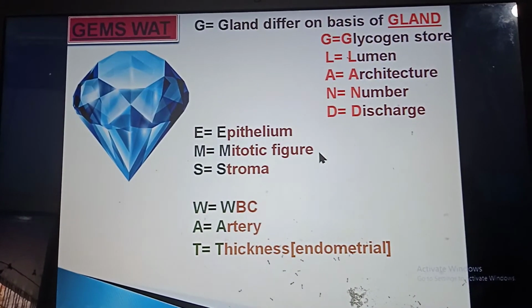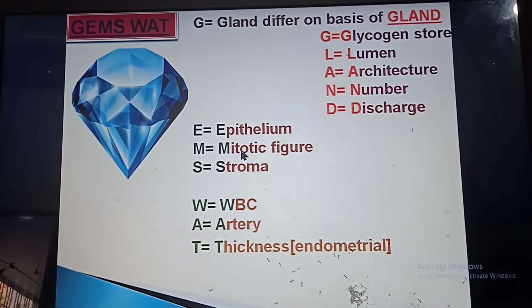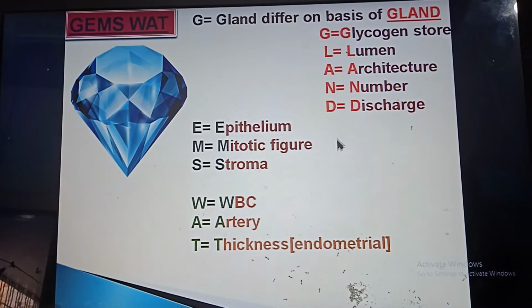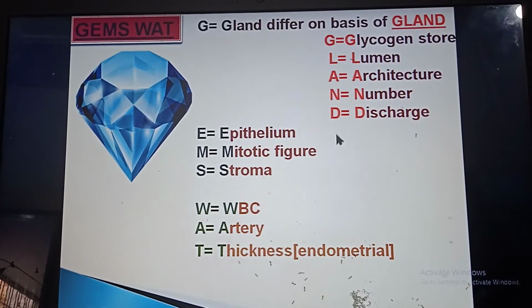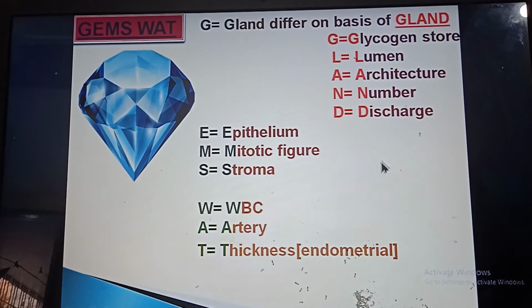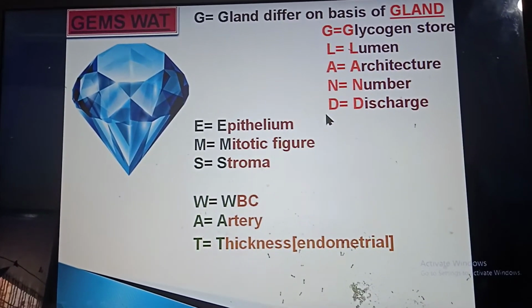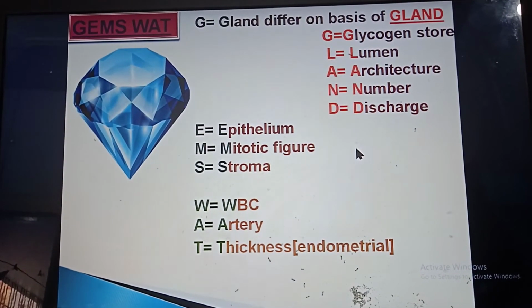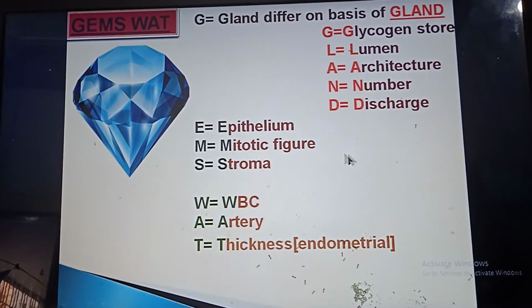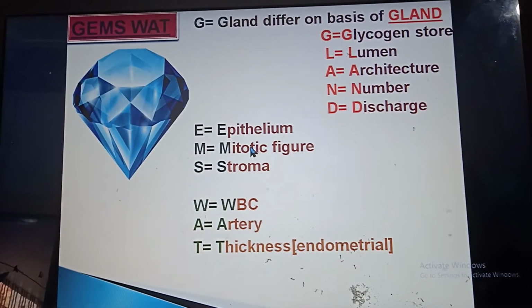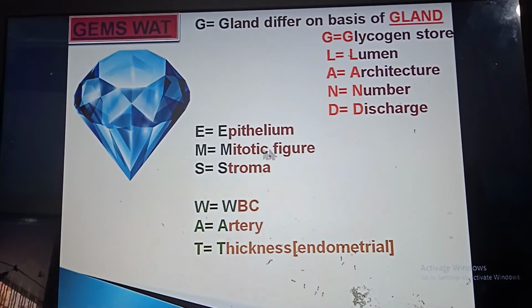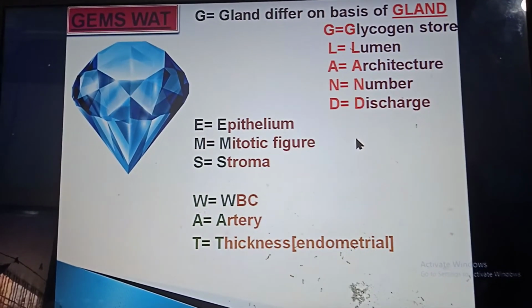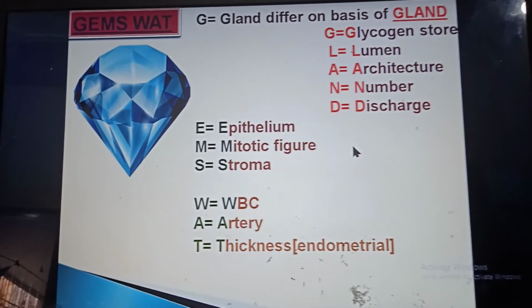Mitotic figure is a cell showing cell division, due to which the chromatin is completely filled, densely packed within the nucleus, and there is no space between the nuclear membrane and the chromatin. That type of cell is known as a mitotic figure. As this is proliferative phase, the mitotic figures will be more compared to secretory phase.